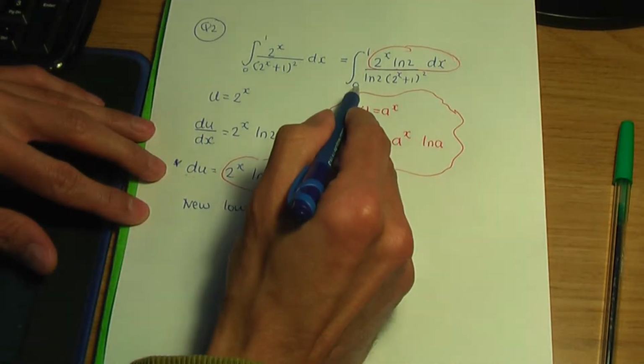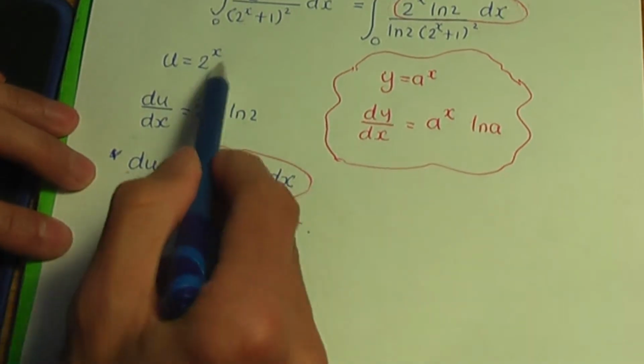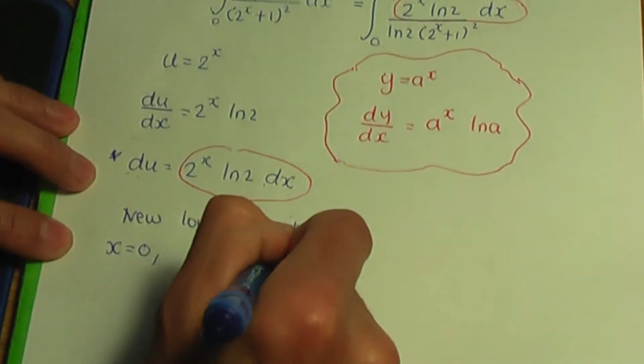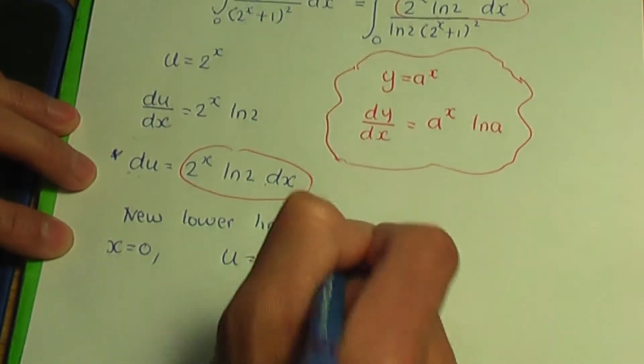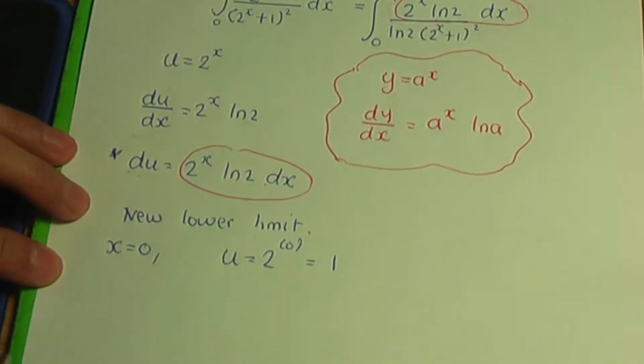Take the old one relating to x, which is x equals 0, and put that into your substitution for u. So u will be 2 to the power 0, which is 1. So 1 is the new lower limit.